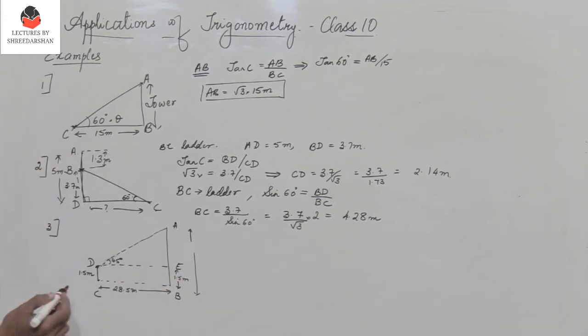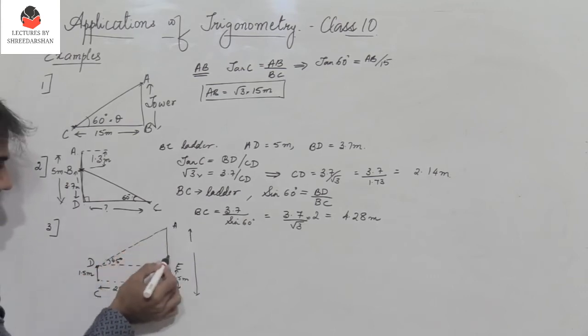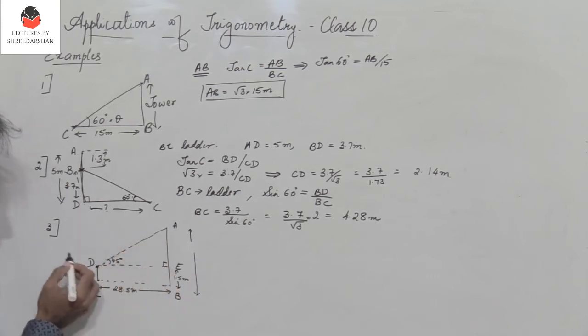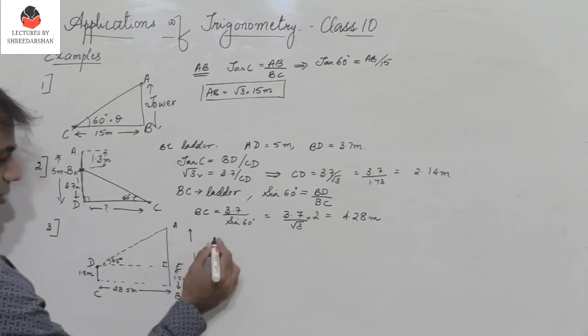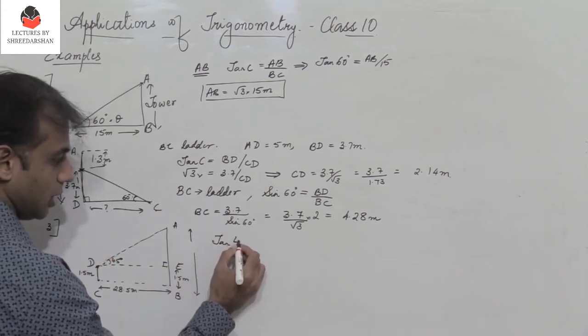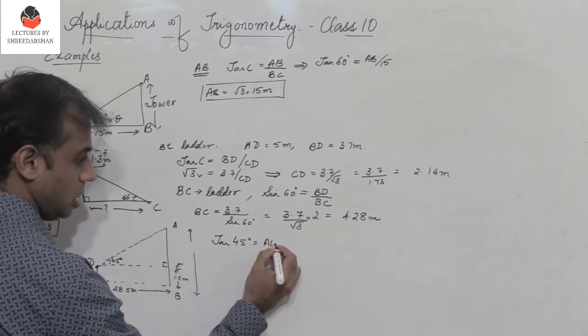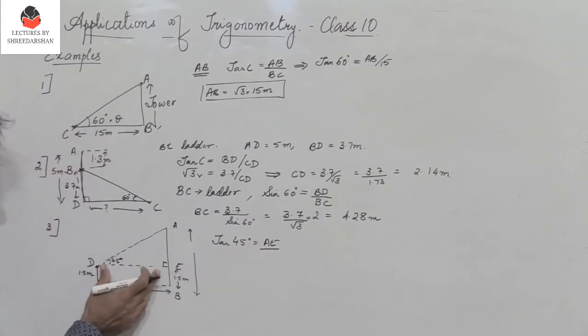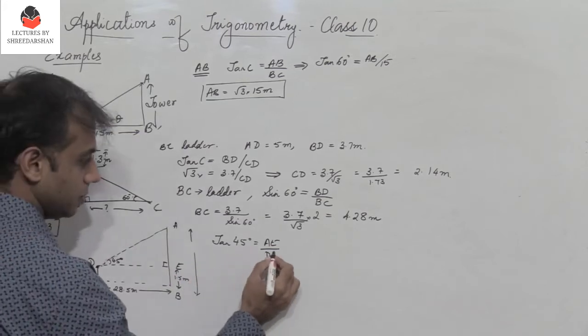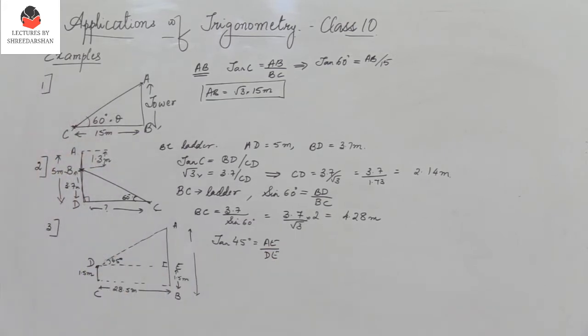Now, if I consider the right angle triangle AED, D is 45 degrees. So if I take tan 45 or tan D, it gives me the opposite side, AE, divided by the adjacent side DE. We know that tan 45 is 1.